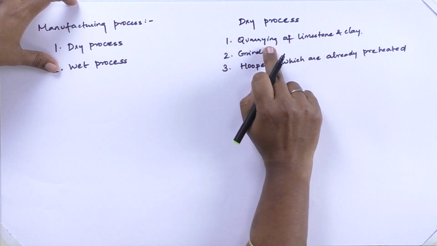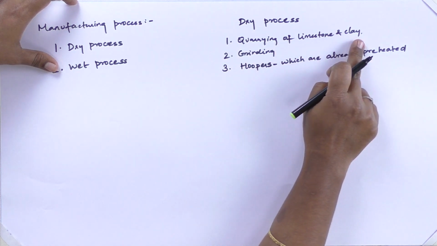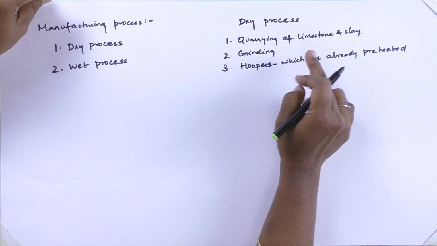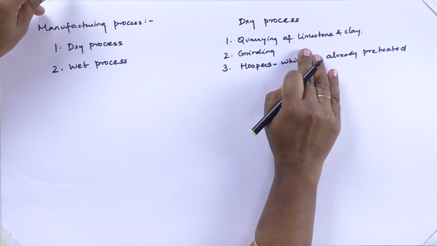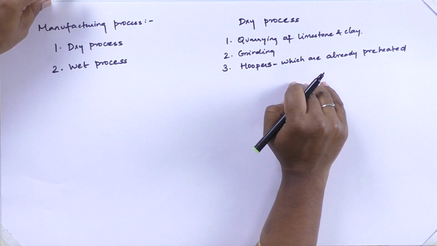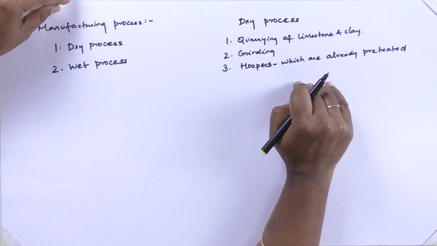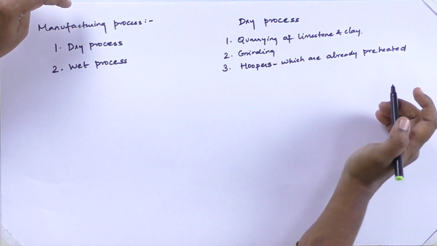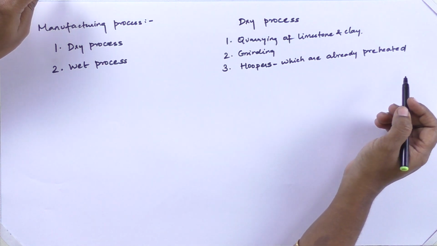The first step involves quarrying of limestone and clay, and second, the quarried materials are ground to fine sizes. The third step involves passing those ground materials through hoppers which are already preheated.